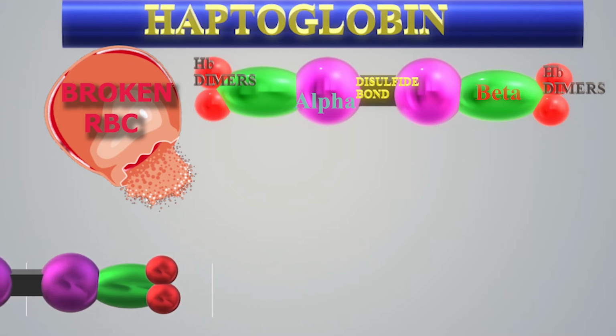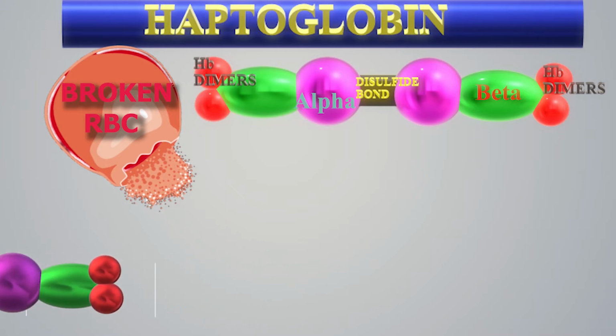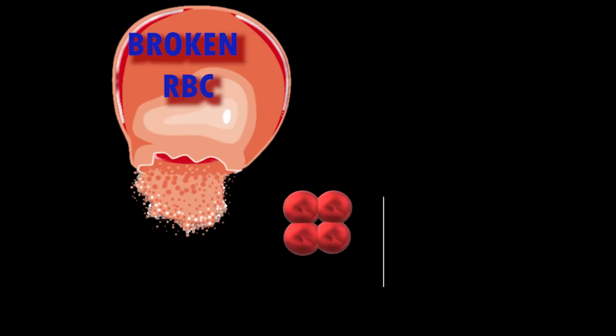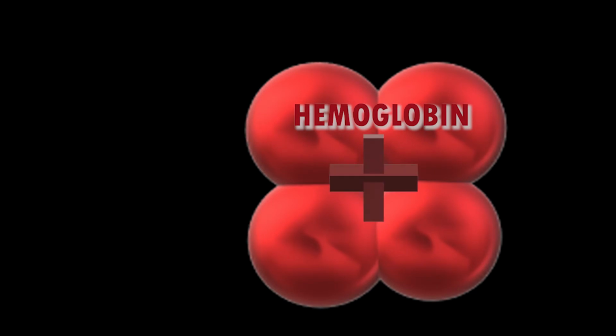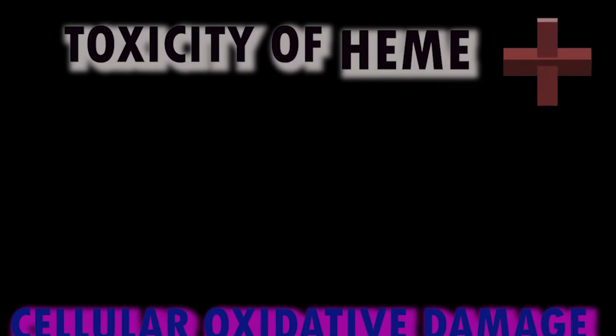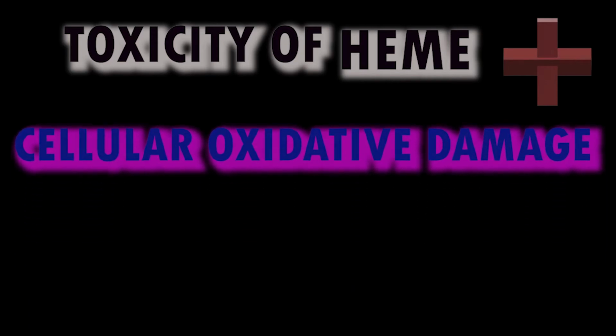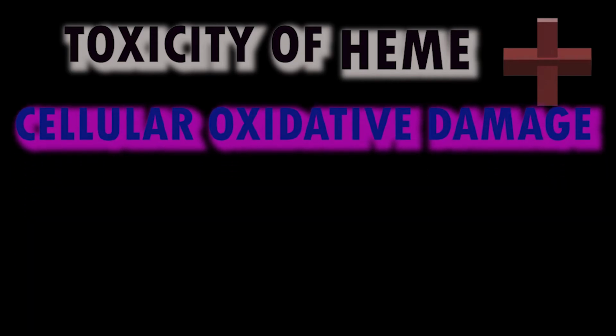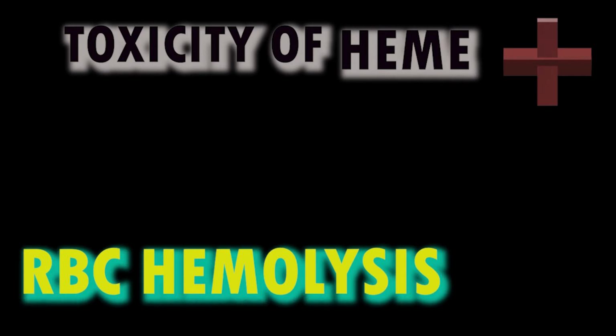Free hemoglobin scavenges nitric oxide, the regulator of smooth muscle relaxation, also interacting with and disturbing lipid membranes and other lipidic structures. The iron in free heme produces free radicals by reacting with endogenous hydrogen peroxide.